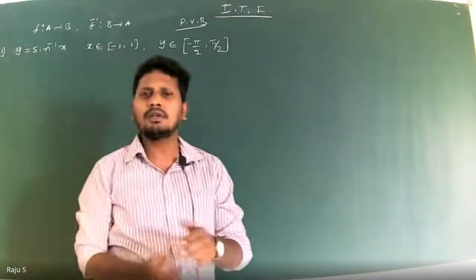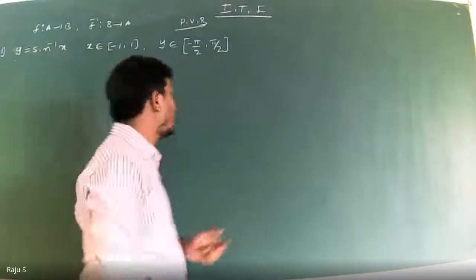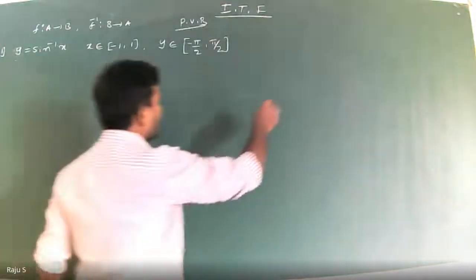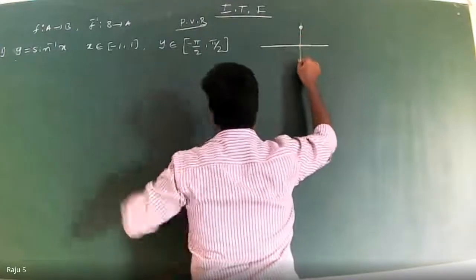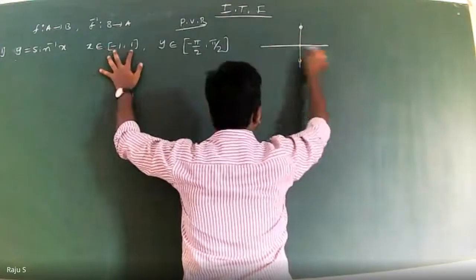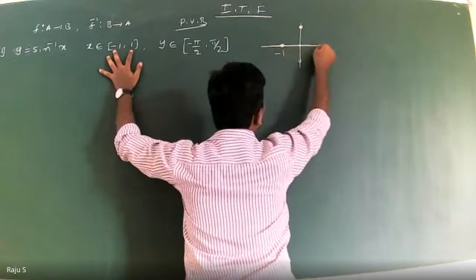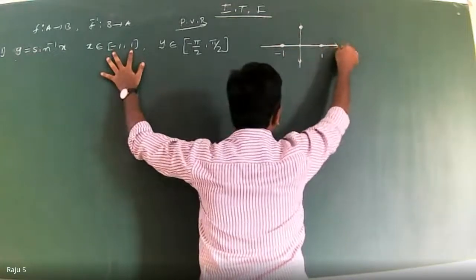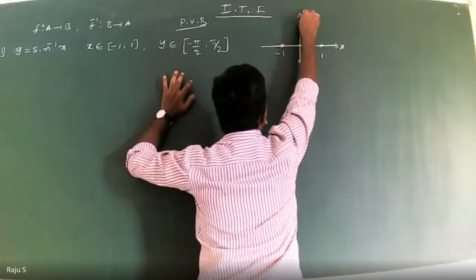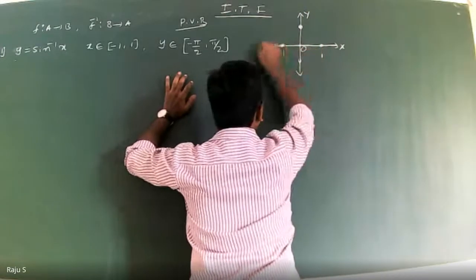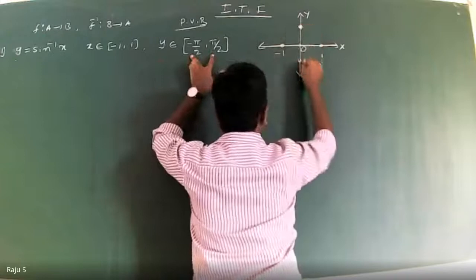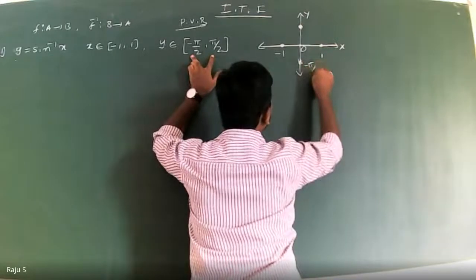What about the graph of sine inverse x? Yesterday I have given it clearly like this. The x values are from minus 1 to 1, so you can take minus 1 here, plus 1 here. These are the x values, the domain. Coming to the y-axis, you should take minus 90 to plus 90.